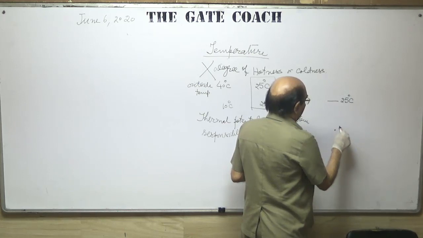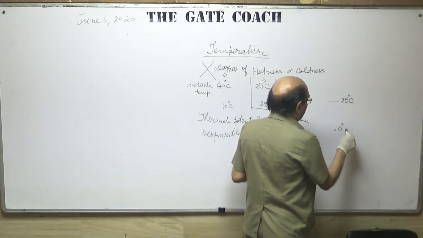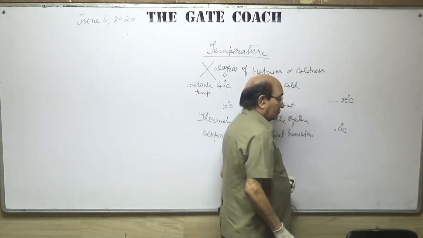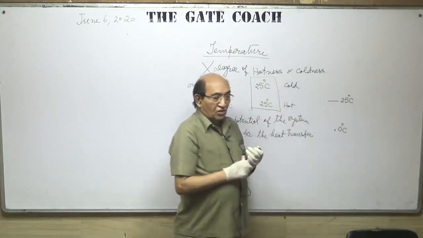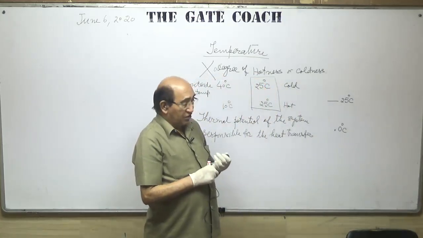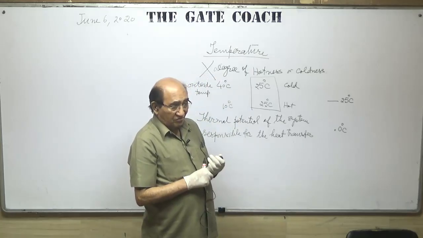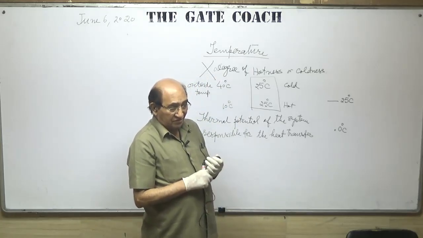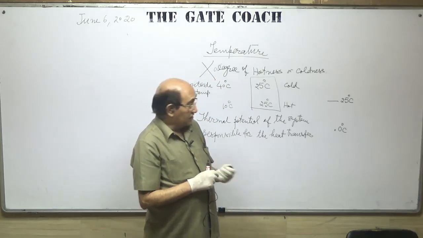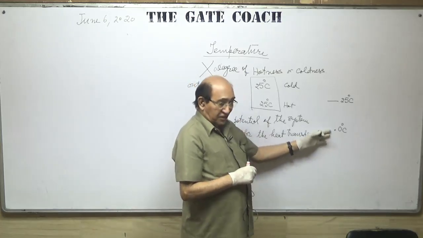This is 0 degree centigrade. We can have temperatures below 0, lower temperatures. At 0, heat transfer can take place.